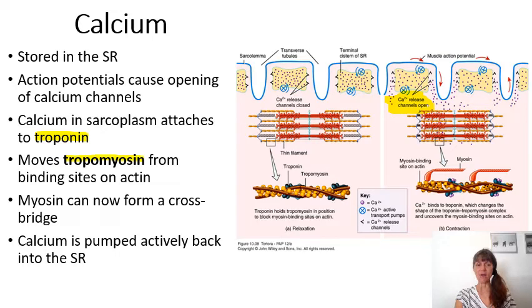Myosin can now form a cross bridge with the actin subunits. This is what occurs when nerve stimulation happens. When nerve stimulation ends, the calcium has to be actively pumped back into the sarcoplasmic reticulum. That process also requires energy in the form of adenosine triphosphate.